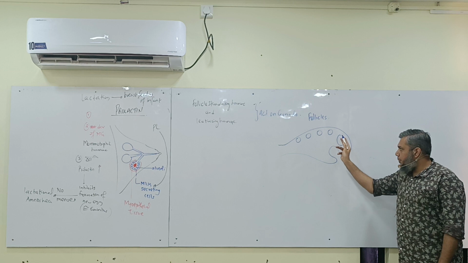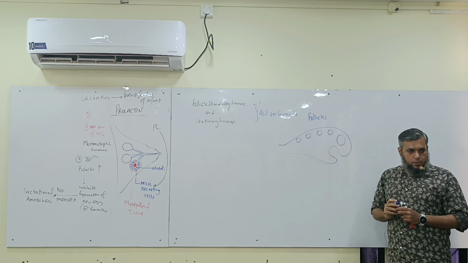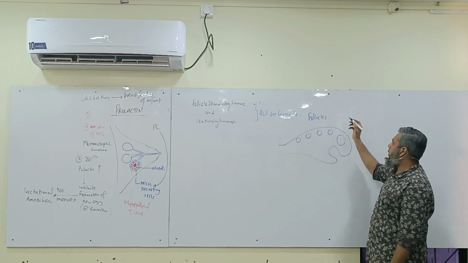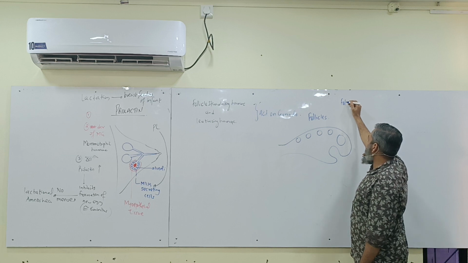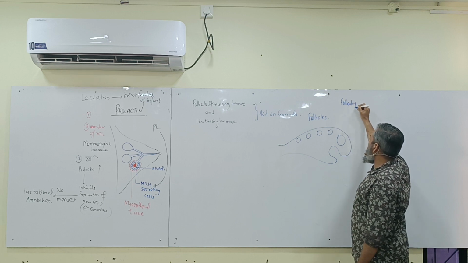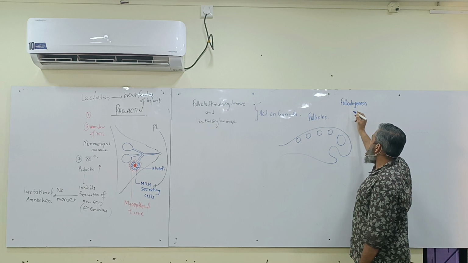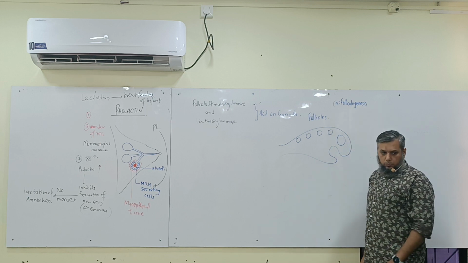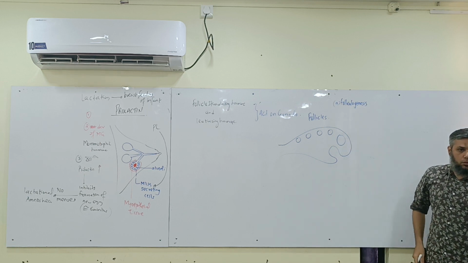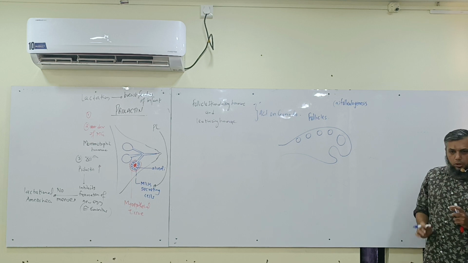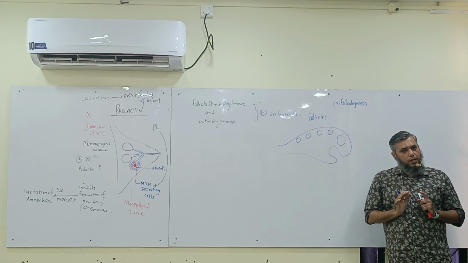So right now we'll name them as follicles. Development of these follicles is called folliculogenesis. What is the development of follicles called? Folliculogenesis. Is it very clear, everybody?